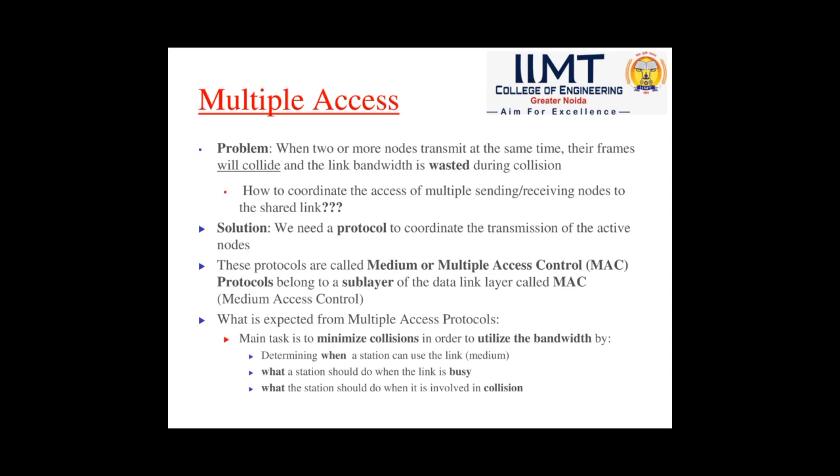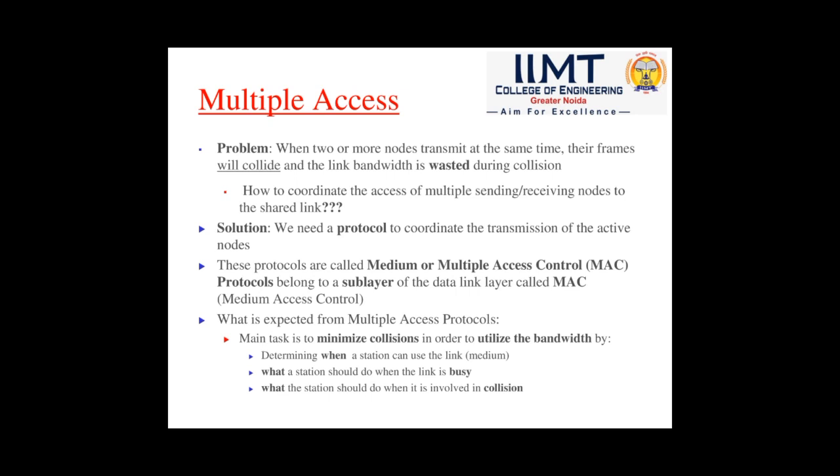So here multiple access means multiple devices are present and they want to send some data, and a single channel is present on which they send the data. Which device will use that transmission channel at a time is decided by some protocol.